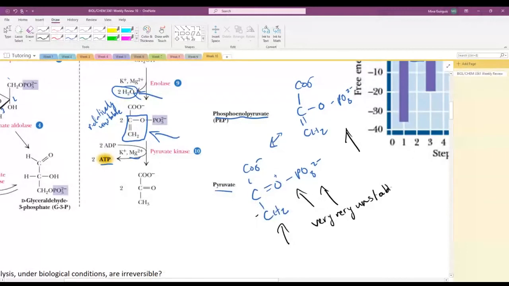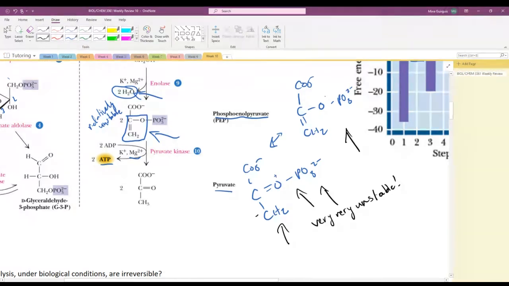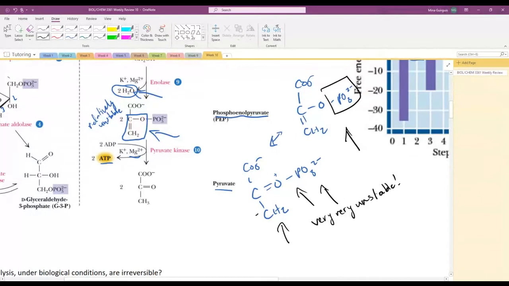This is really bad. And yet, the keto form generally is more stable than the enol form. So all we need to do is remove this phosphate group and then add a hydrogen down here, and we'll be really, really stable.